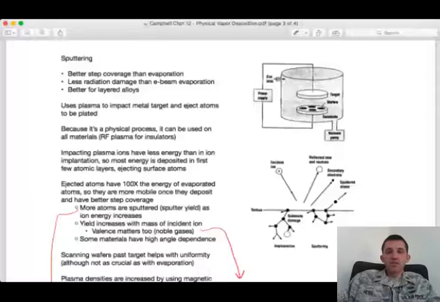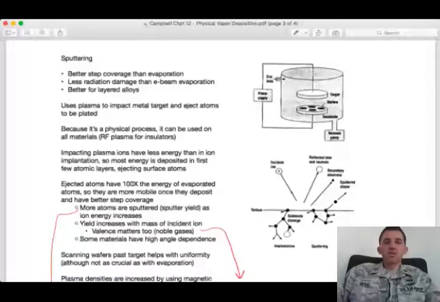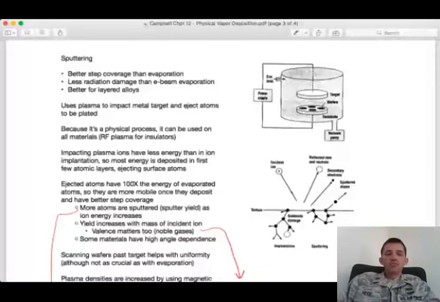And so that's fine if you're evaporating a pure metal. You can just run your crucible at whatever temperature is best for the deposition rate you're going for. But if I were to take an alloy and put it in my crucible, and that alloy was made of atoms that had significantly different vapor pressures at the same temperature, then I'm going to be preferentially evaporating the lower melting point, higher vapor pressure atom.